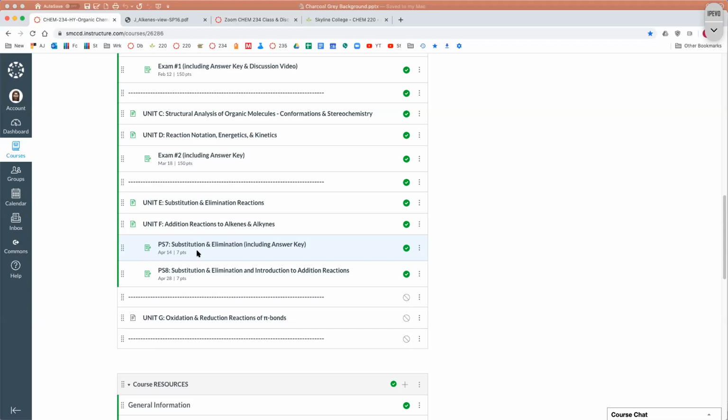Then the 2 units, it's lots and lots of topics, that are going to be covered are the substitution and elimination reactions. Now, of course, on the last exam, there were already some questions on substitution and elimination, and so some of that may not be covered quite as in depth.